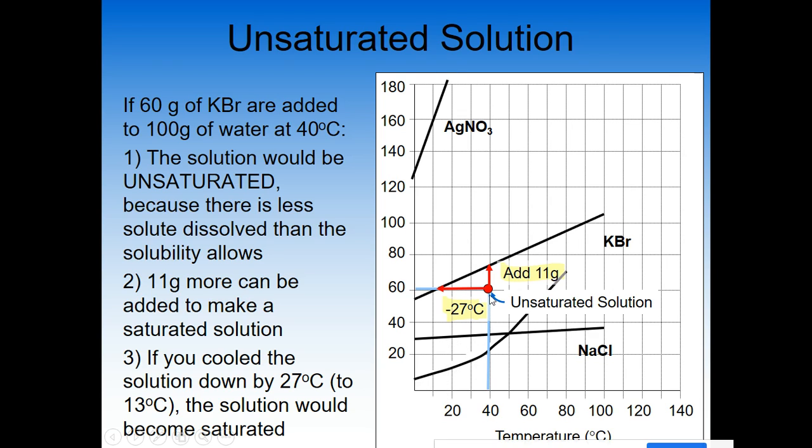We also know that to make it saturated, by keeping the temperature the same, we would have to add about 11 grams of solute to bring that point up to where it would be on the curve. So now we would have maybe about 71 grams of potassium bromide dissolved in 100 grams of water at 40 degrees, by adding those 11 grams to our 60 grams of solute.